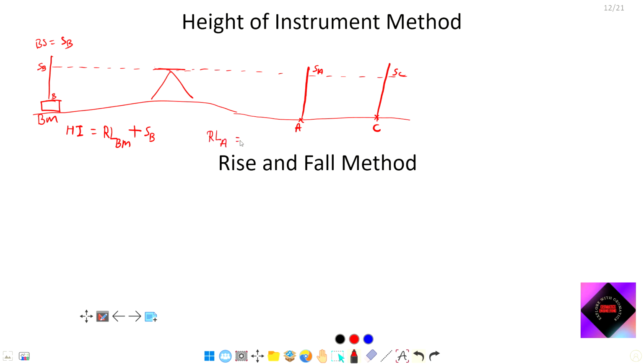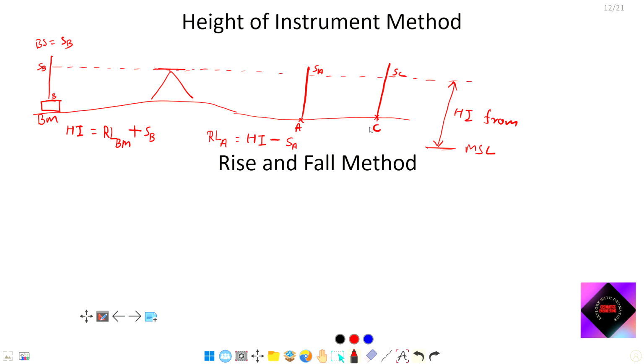Reduced level of A will be what? Height of instrument minus this reading SA. Height of instrument is from our datum MSL. This is the intermediate sight SA.